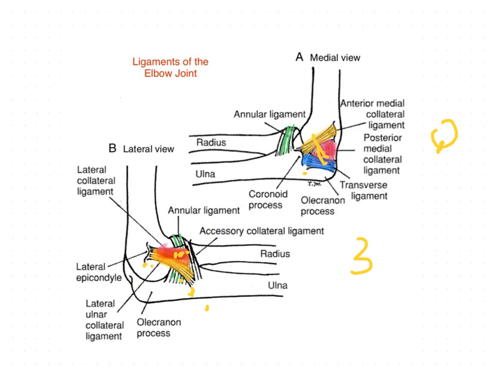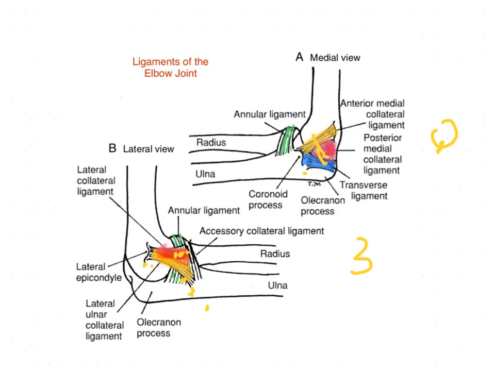Some of the investigators suggested that this lateral ulnar collateral ligament is not a static stabilizer, but acts as a dynamic stabilizer together with related muscles. So these are all the functions of the lateral collateral ligamentous complex.